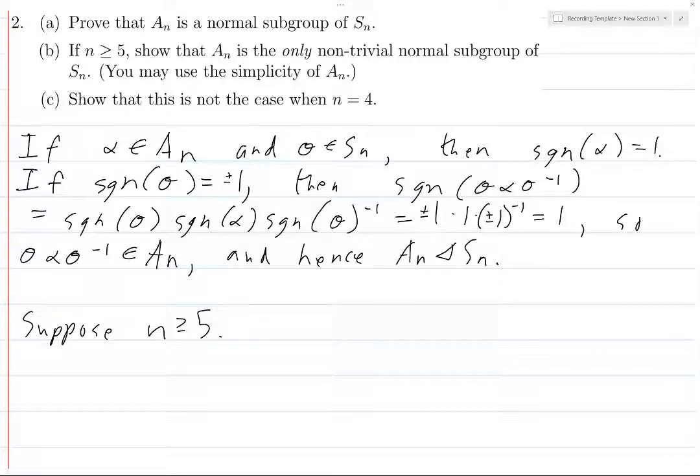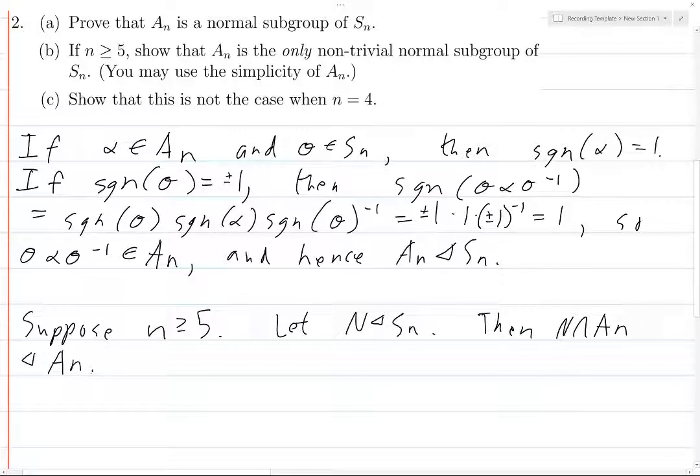So let N be a normal subgroup of S_n, then N intersect A_n is going to be normal in A_n. That's because if you look at the conjugation-wise definition of normality, we're just restricting to subgroups, and so the normality conditions still hold.